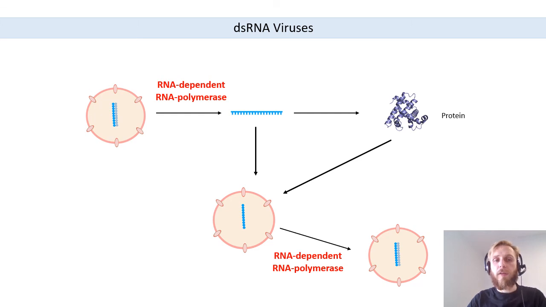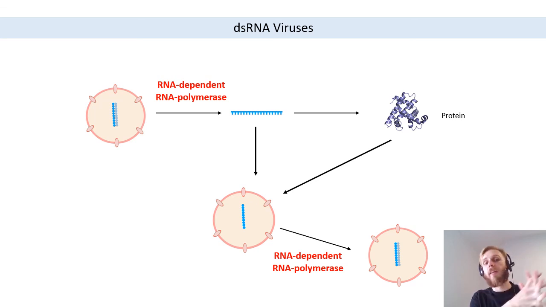Let's also briefly consider the enzymatic processes occurring here. There are two different enzymatic processes really, but at each of these two stages, the process is going from an RNA template to a new RNA strand. So it must be RNA-dependent RNA polymerase facilitating each of these steps.